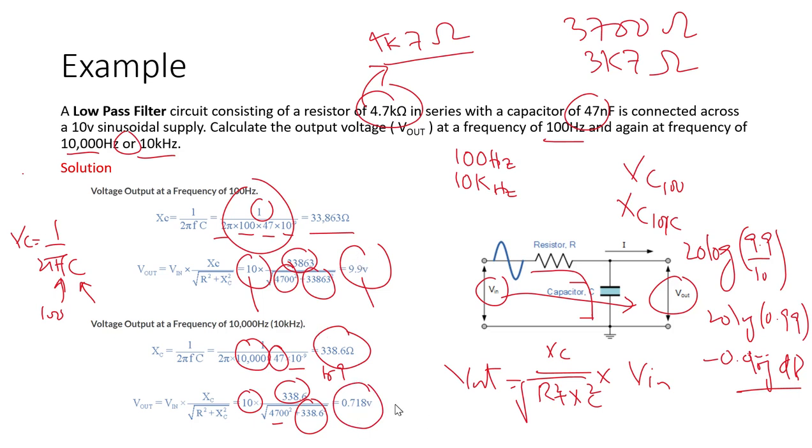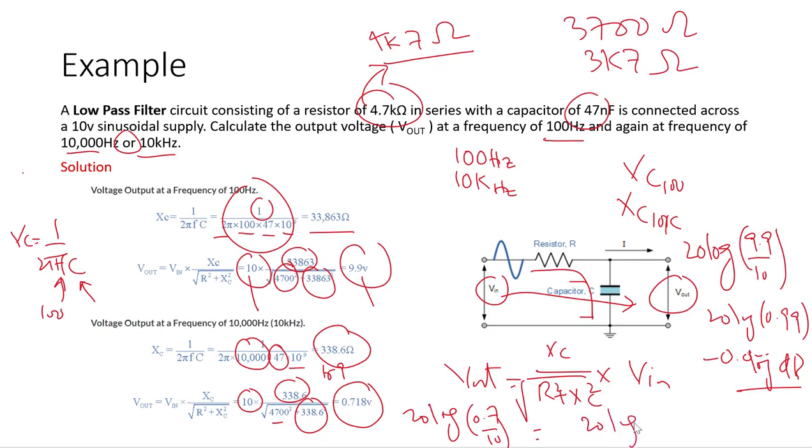It is even lesser than 1. So the gain would be 20 log 0.7 divided by 10, which is 20 log of 0.07. So here it was 0.9 and here it is 0.07. So this is very much lower in negative values of dBs.